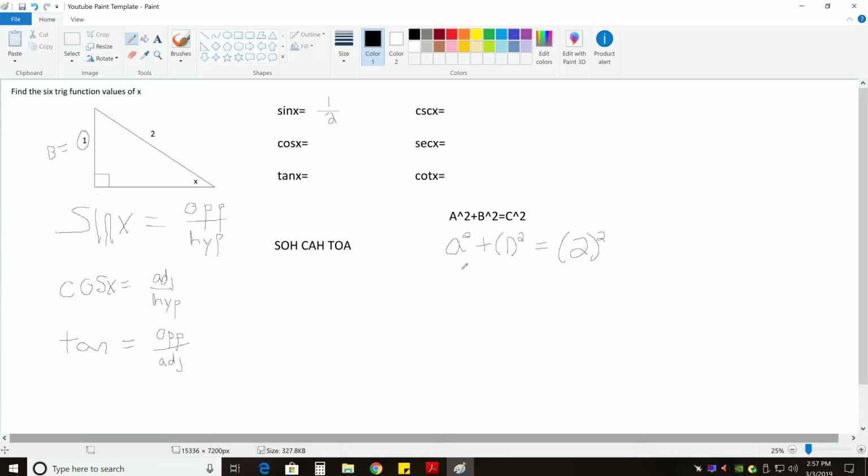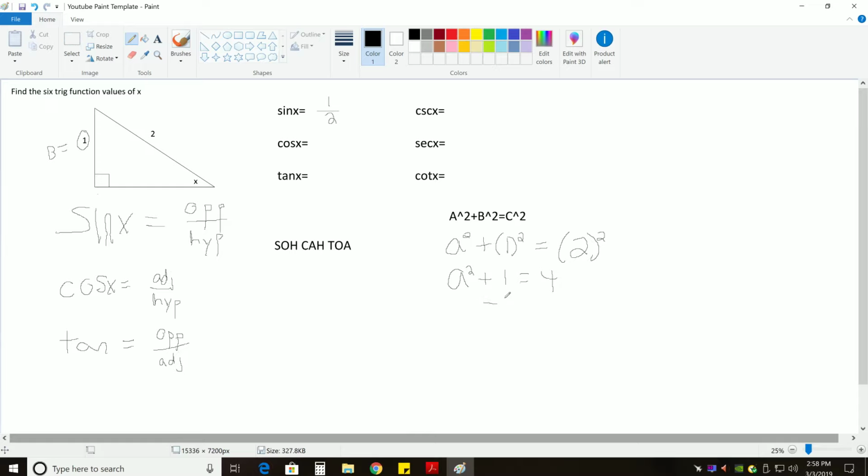So we have a squared plus 1 squared, which is just 1, and that's equal to 2 squared, which is 4.